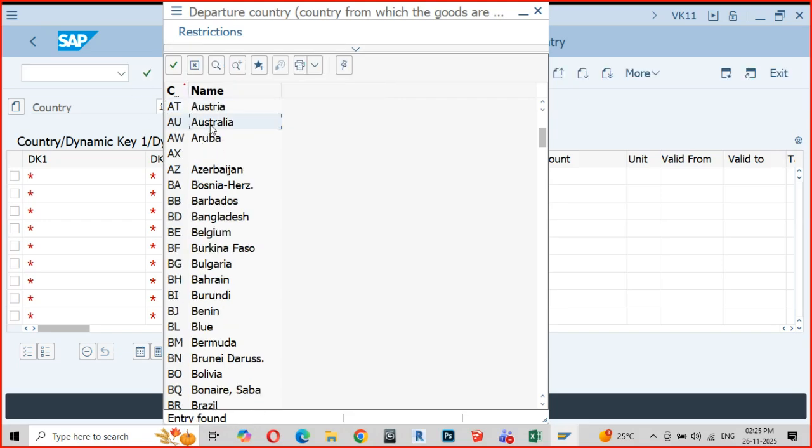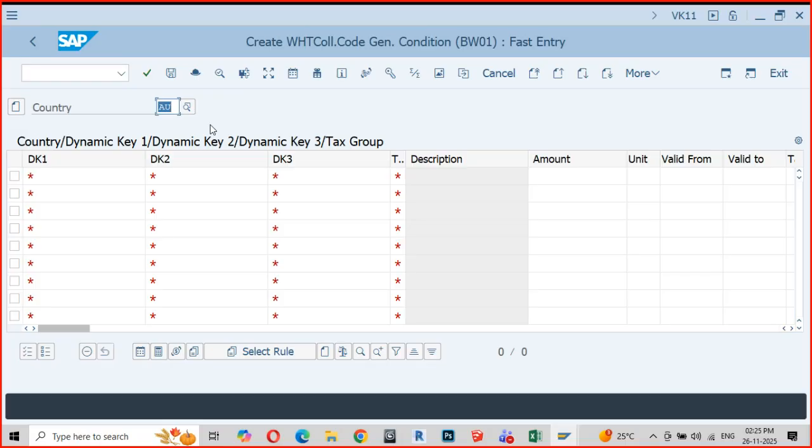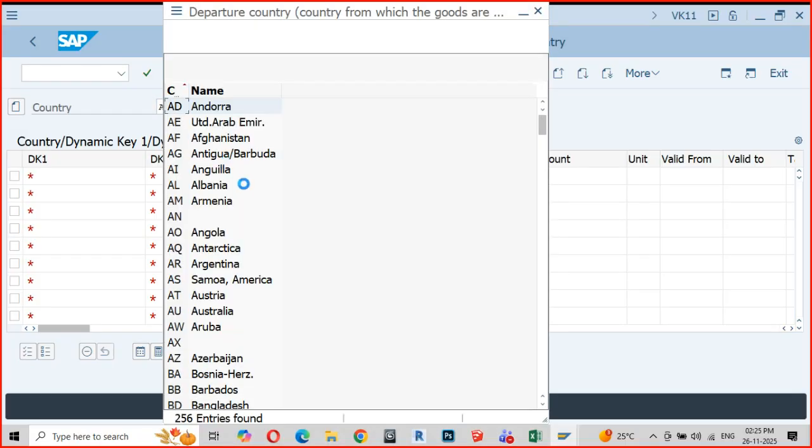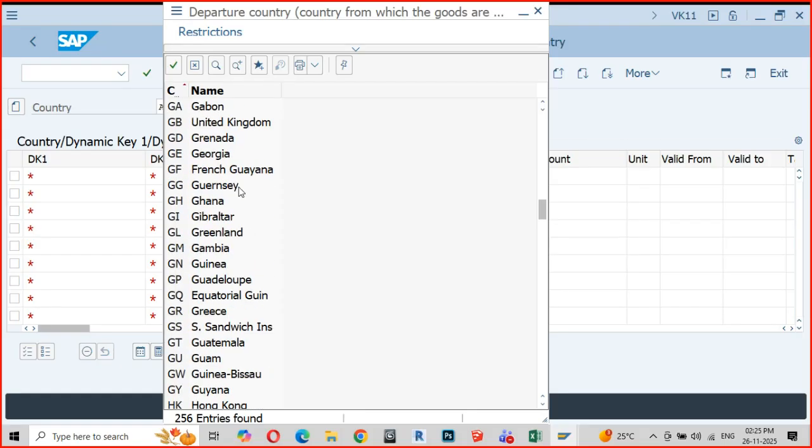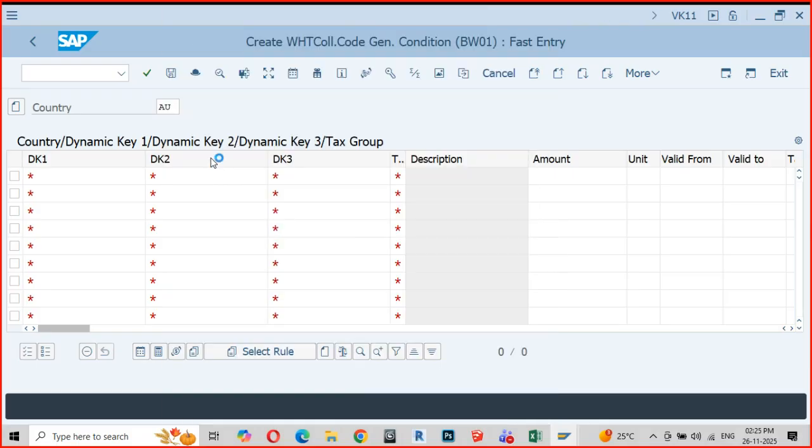Australia. Something for Australia. Germany. GP. Georgia. DE. Germany.